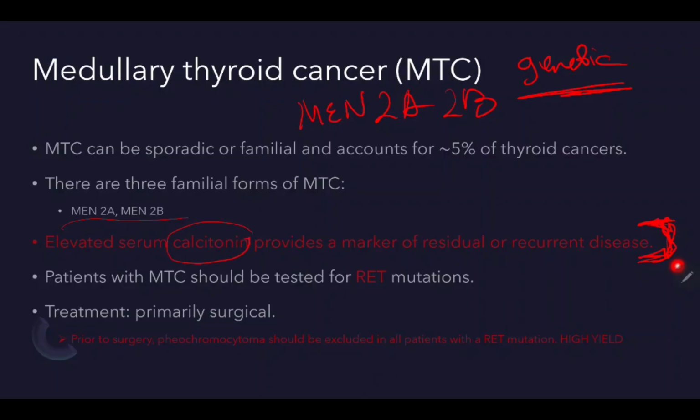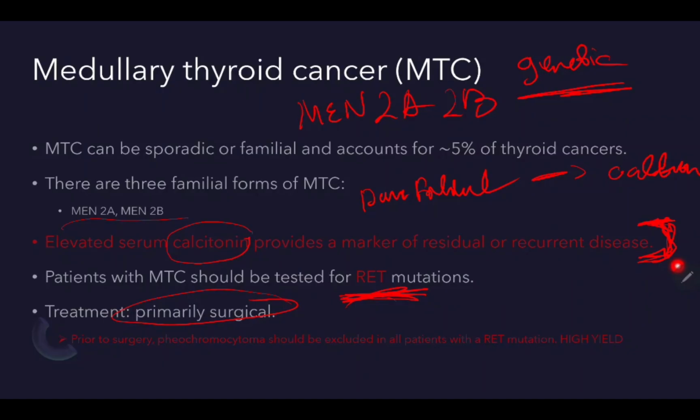Okay, because this tumor is coming from the parafollicular cells, which are the other cells, not the follicular cells, and those cells are secreting calcitonin. Okay. Patients should also be tested for RET. That's for step 3. If they ask you what's the follow-up, you're gonna ask for RET testing. Okay, and the primary treatment is surgery, because you don't use radiation. Radiation is only for follicular and papillary thyroid cancer.